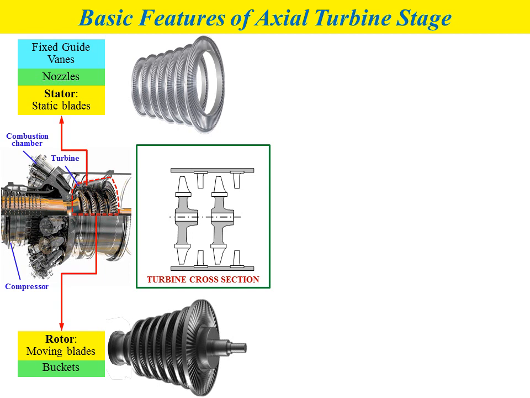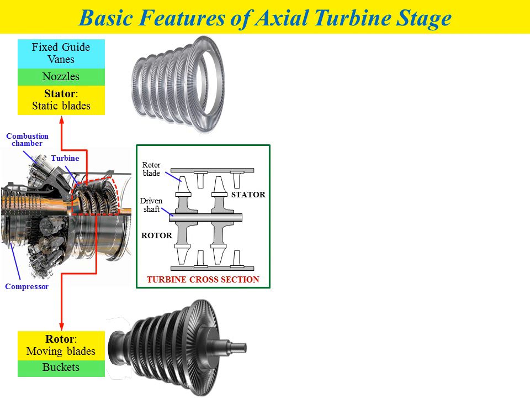Okay, so now the diagram shows the cross-section drawing, 2D drawing of the rotor and also stator of the turbine. So we have a rotor, and on the rotor we have rotor blades. The rotor will attach with a driven shaft in order to rotate the rotor.